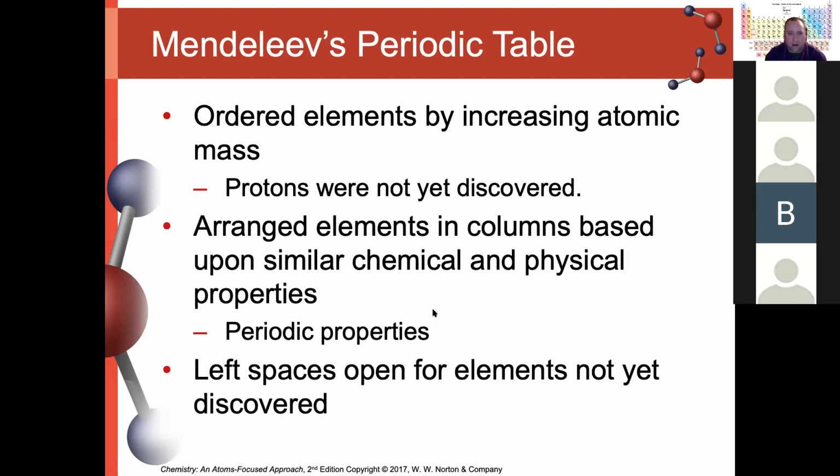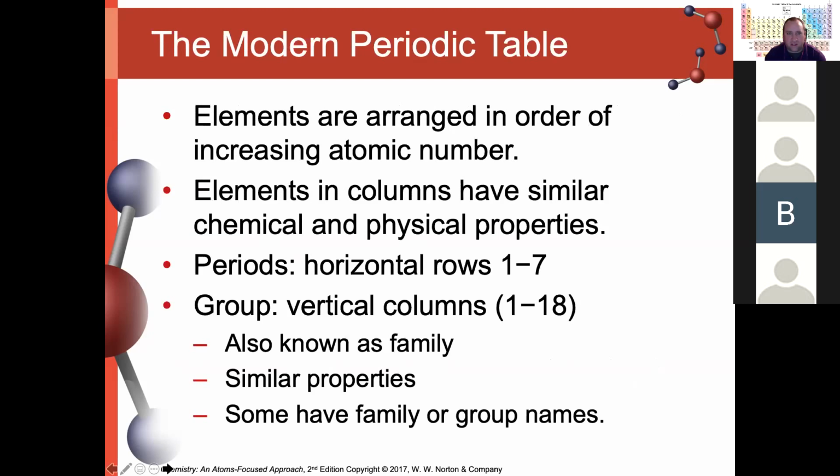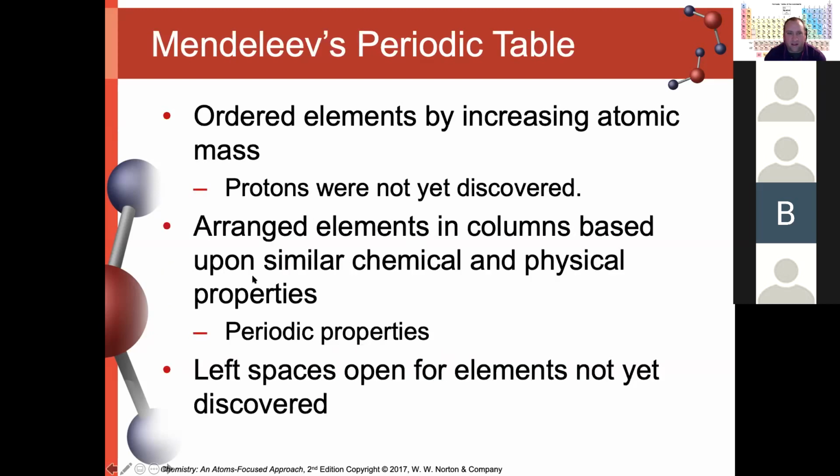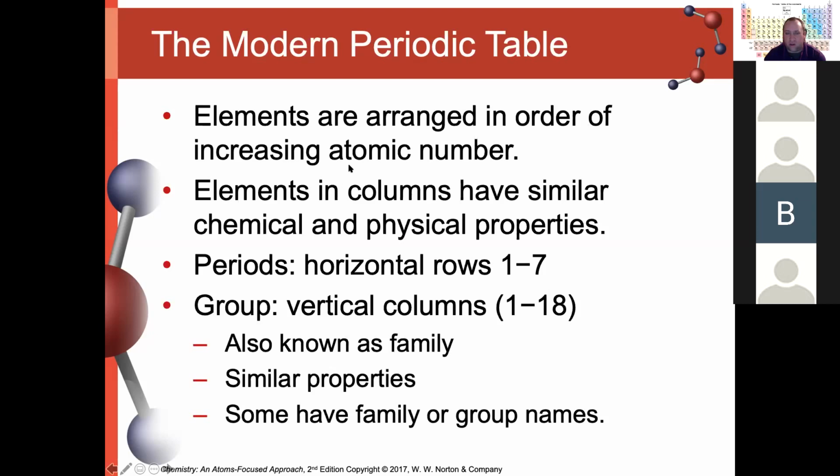Now, the periodic table ended up changing over time, where instead of going from increasing atomic masses because of the lack of knowledge of protons, we end up seeing them ordered in increasing atomic number, where we have arrangements of periods, the horizontal rows of the periodic table, and groups or families, the vertical columns of the periodic table.